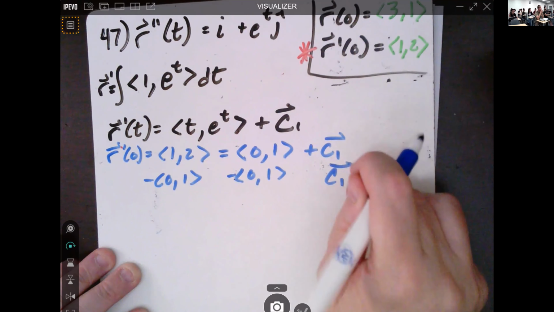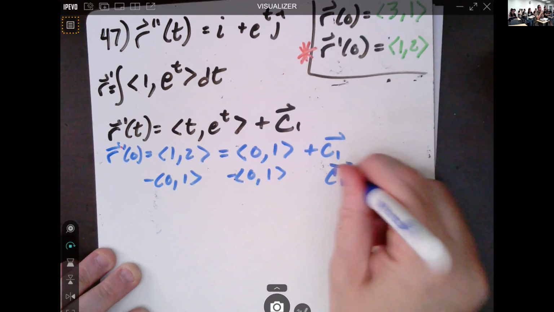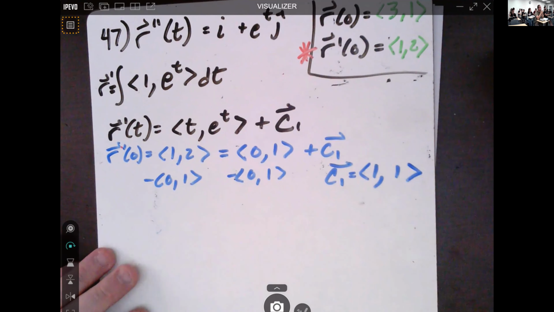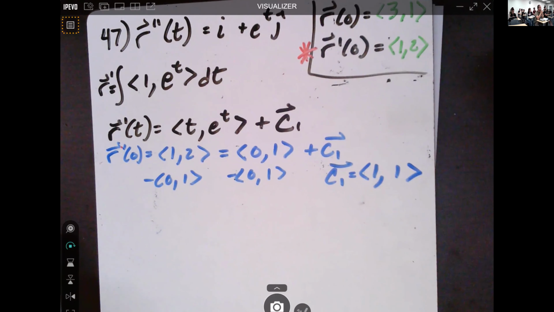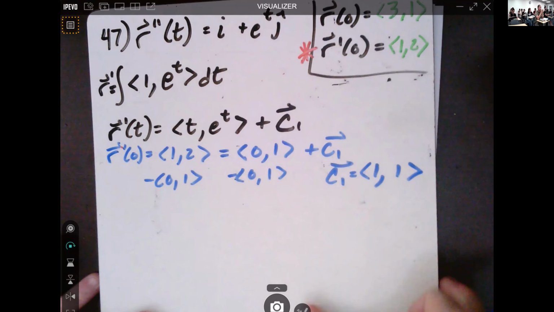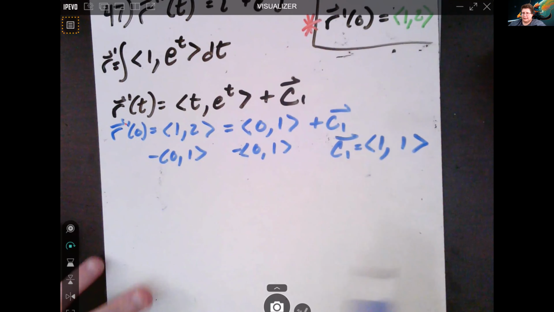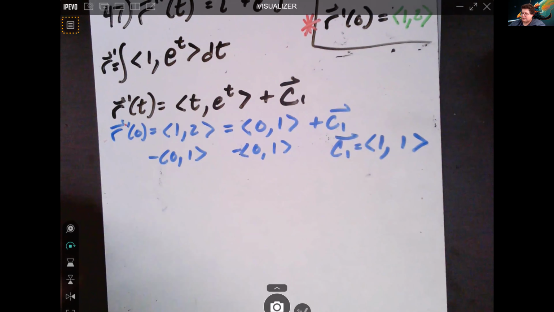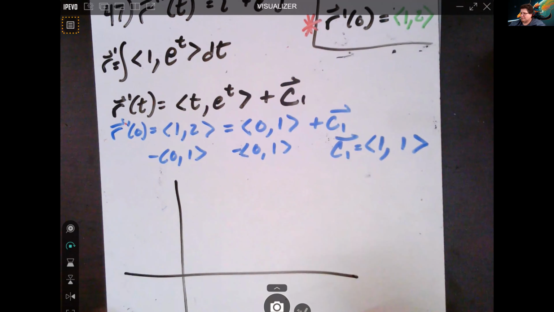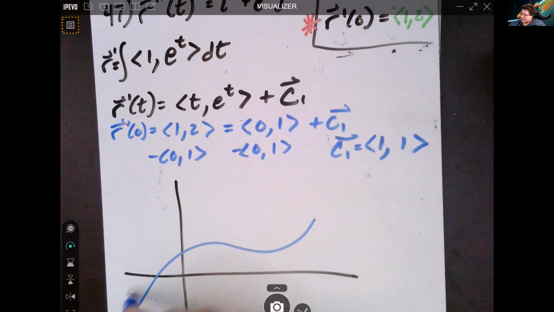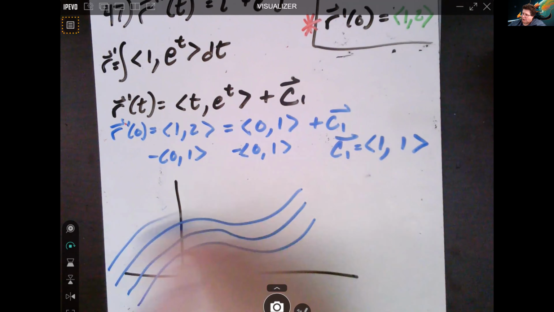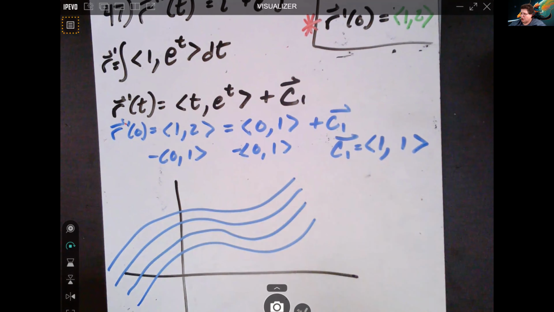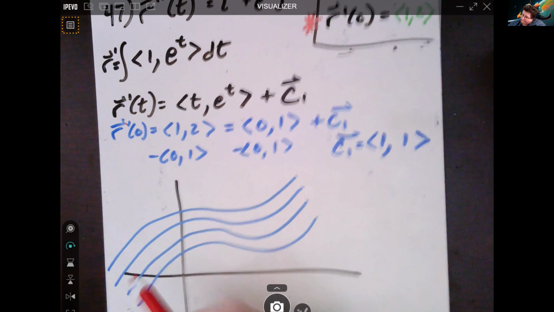If you don't have those initial conditions, you cannot technically find C. Are there other methods in the future to finding C if you don't have initial conditions? No, forget it. No, because when you integrate something and you don't have that initial thing, like in regular calculus without the vectors, when you integrate something but you don't have limits of integration, you're generating a family of curves and you don't know which one you're on, and the initial condition goes, nope, we found it, it's this one right here.